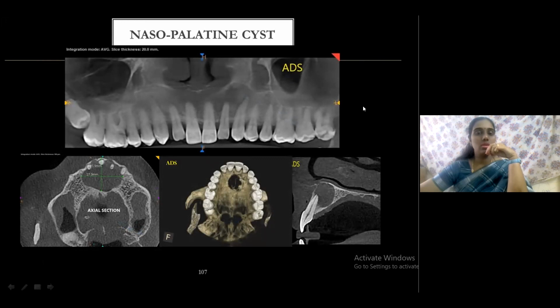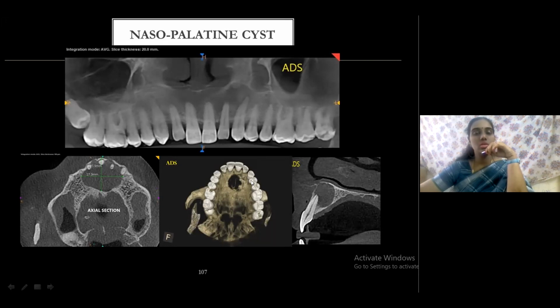One more case is a nasopalatine cyst, where the OPG image shows some diffuse radiolucency in the maxillary anteriors. On seeing the axial, sagittal and 3D views, you could make out that it is a nasopalatine cyst, depending upon its position and its extent.